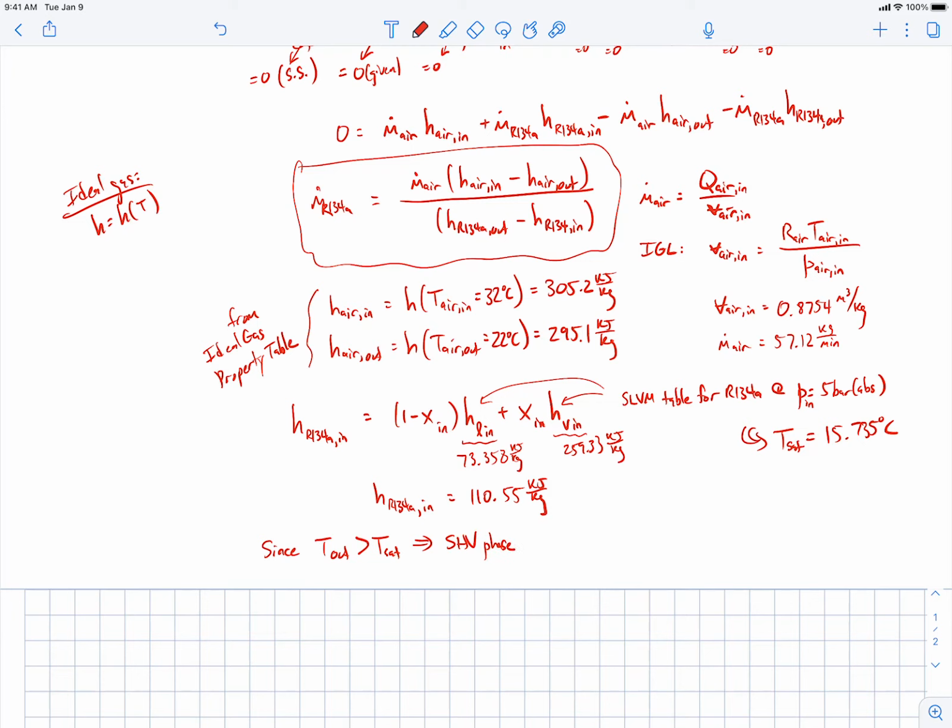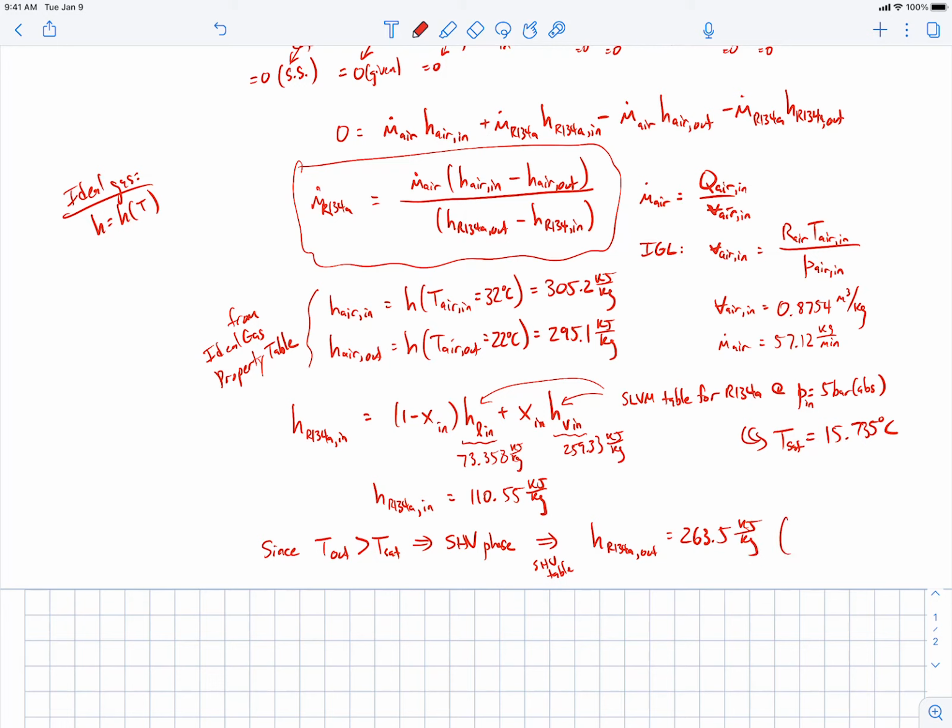Right, so to find the specific enthalpy for the R134A in the superheated vapor phase, we have to use the superheated vapor table at the given pressure and temperature. So 5 bars and 20 degrees C, and what you'll get is that the R134A specific enthalpy at the outlet is 263.5 kilojoules per kilogram.